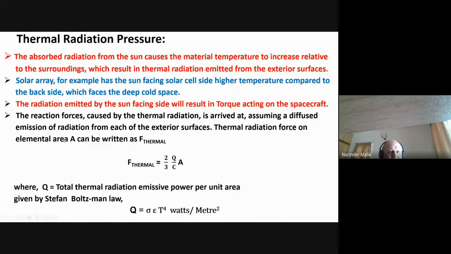So basically, the solar array, for example, has the sun-facing solar cell side at a higher temperature compared to the backside, which faces deep cold. The radiation emitted by the sun-facing side will result in a torque acting on the spacecraft.